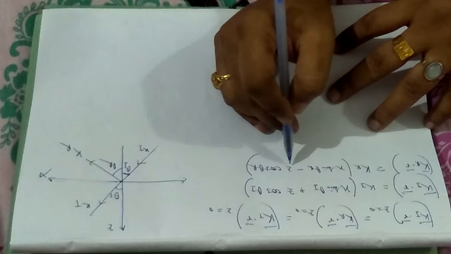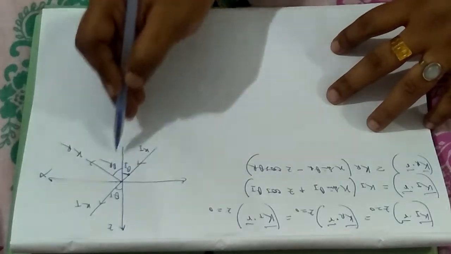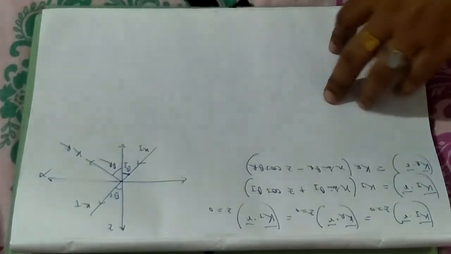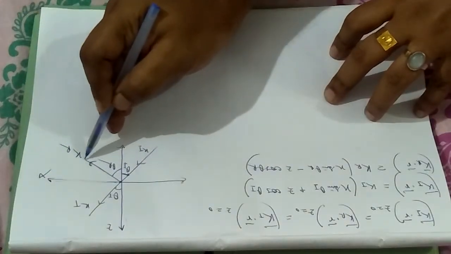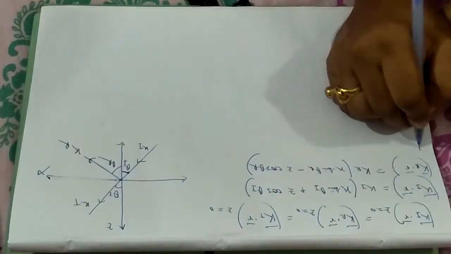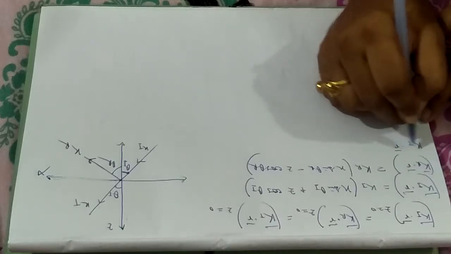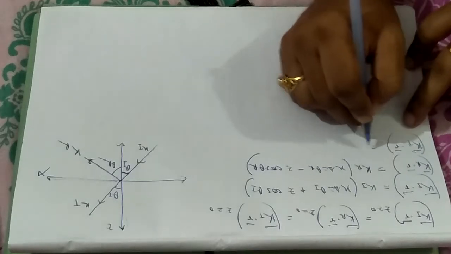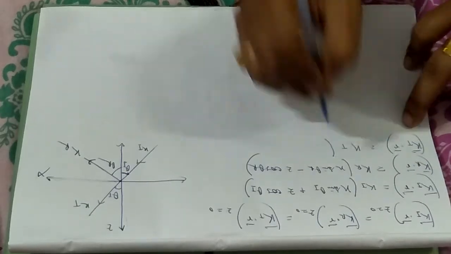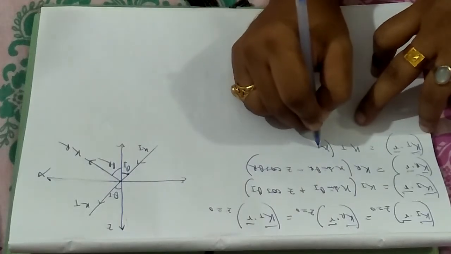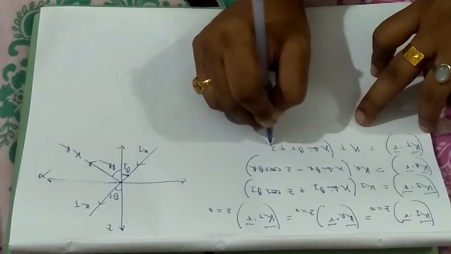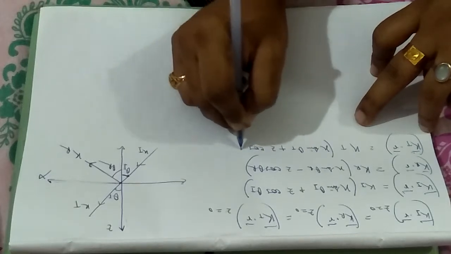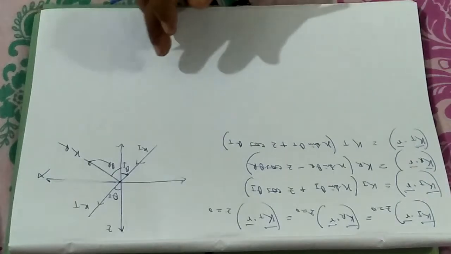Because now the z component is in the opposite direction, the negative z axis, when you are resolving this kr dot r. Similarly, kt dot r can be written as kt into x sin theta t plus z cos theta t.